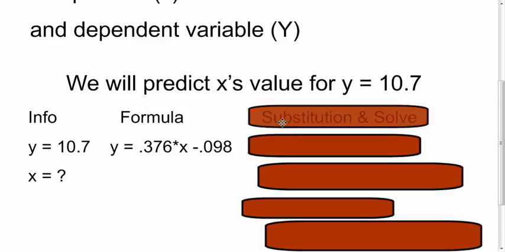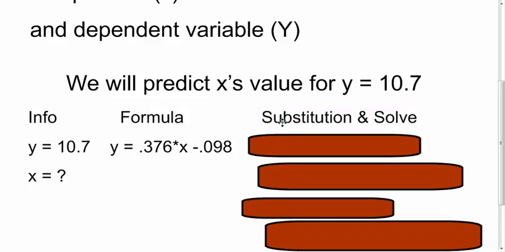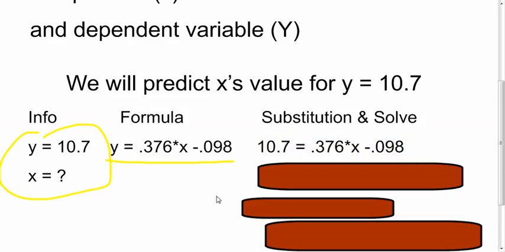All right. The next step is to substitute and solve, and that's where we take this information, plug it in here, and then write it out. So when we do that, we get this. 10.7 equals this. So now we got to solve it for x.